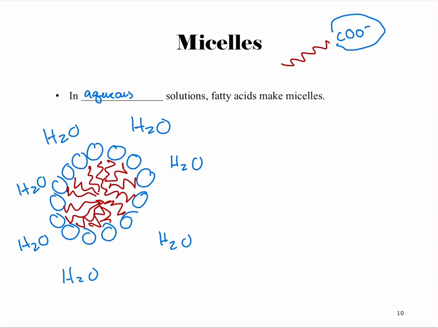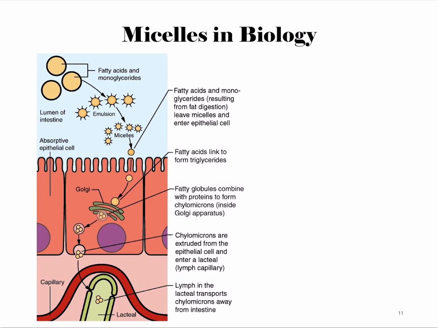But yeah, oleic acid, I believe, is a fatty acid. And when you put it in aqueous solution, it forms these micelle structures. These micelle structures can be pretty important for biological processes, for movement and transfers of fats. In the lumen of the intestine, you can have fatty acids and monoglycerides that solubilize into water to form these micelles.